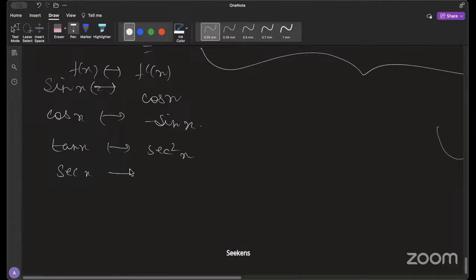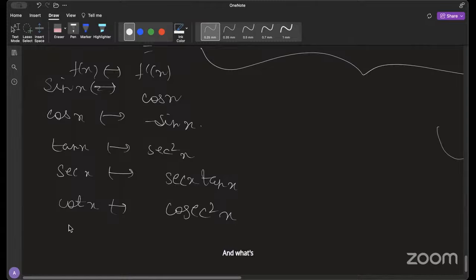Secant's derivative is secant x into... is it cot x or tan x? Let me just check. Secant x tan x. Yeah, it's tan x. Secant x and tan x. And then the derivative of cot x is cosecant square x.